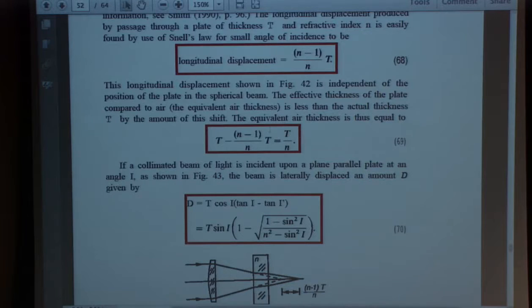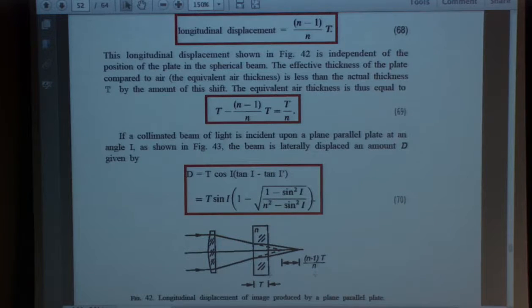Well, it's less than the actual thickness because we get this shift here. And so the actual thickness is T, and the shift is (n minus 1) over n times T. So the equivalent air thickness of this window here is T over n. The actual thickness divided by the refractive index.